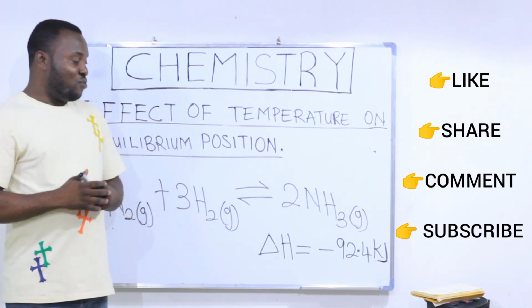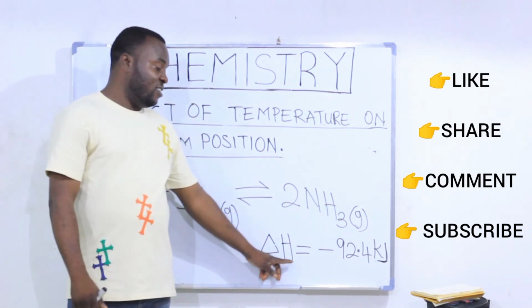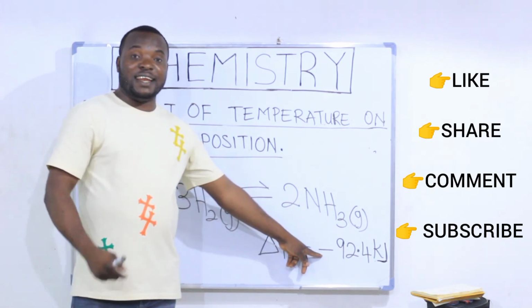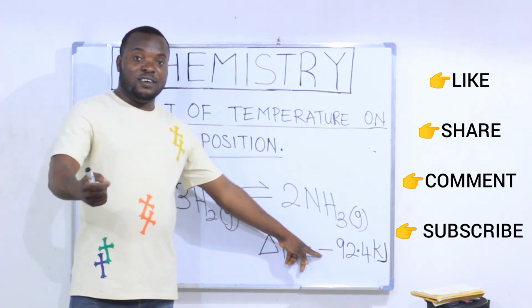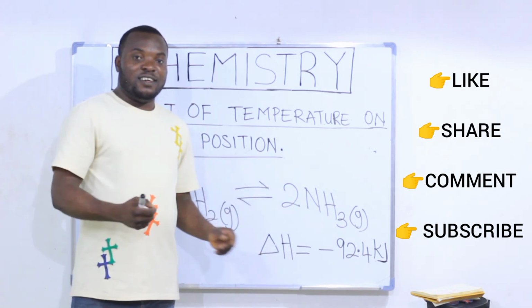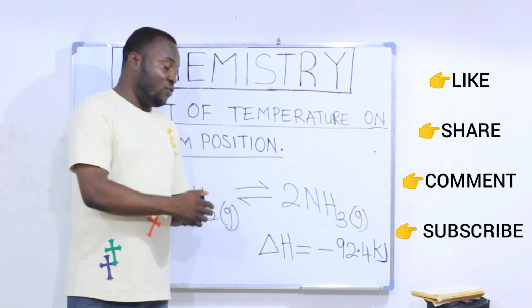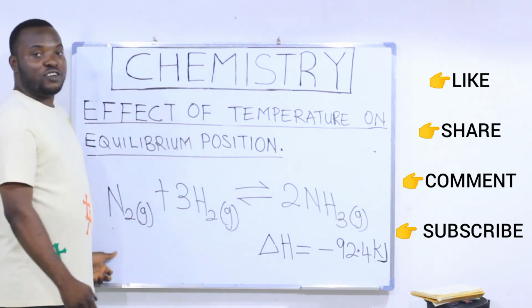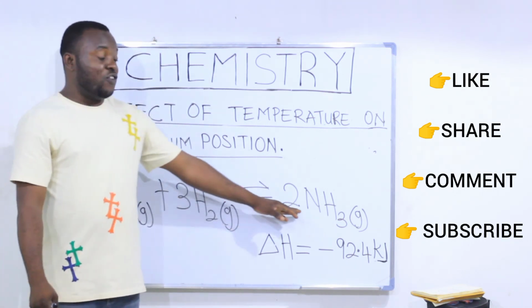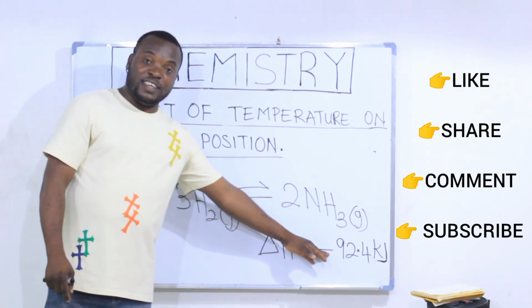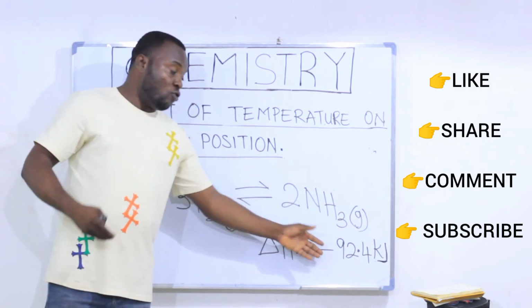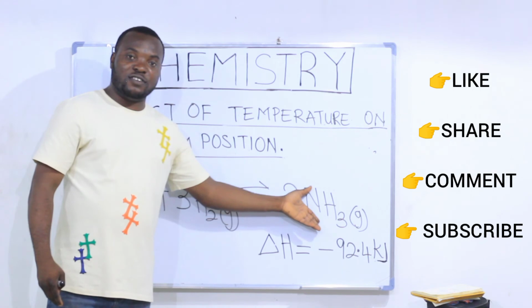Why do I say so? Because the enthalpy change is negative, which means an exothermic reaction. So our answer simply means the equilibrium position will shift to the backward direction. Remember, it will not favor the product because it is in a hot state. Increasing temperature will not favor someone who is already hot.